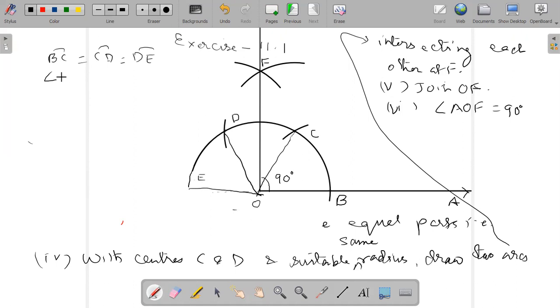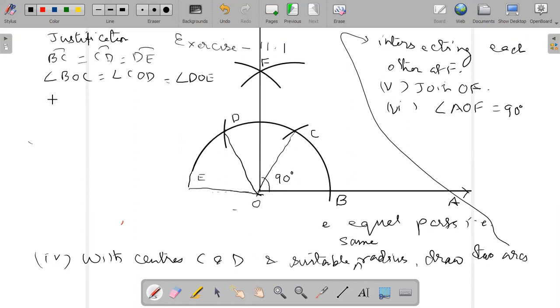So we can say that angle BOC is equal to angle COD is equal to angle DOE. This is the justification. So all these three angles are equal. And the sum of the angles in a semicircle is 180 degrees, a straight angle.